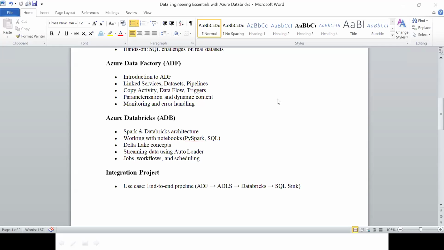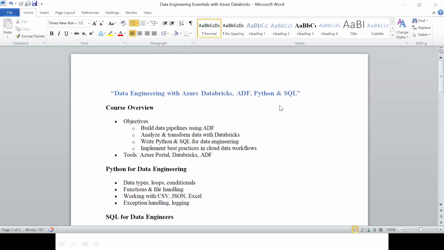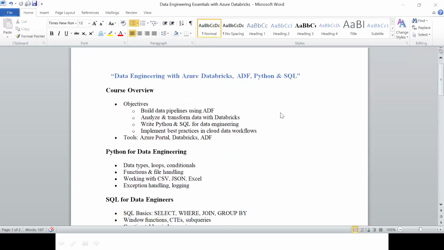Can you just clarify? I see big data and data engineering. How does that come into play? It's actually both are the same. Few will call it big data engineer, few will call it data engineer.